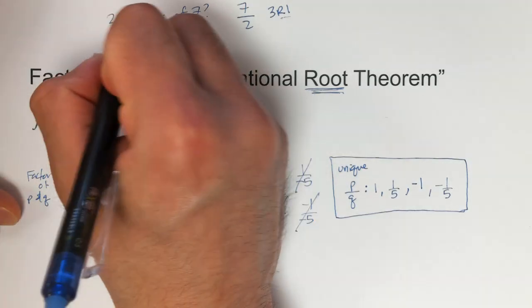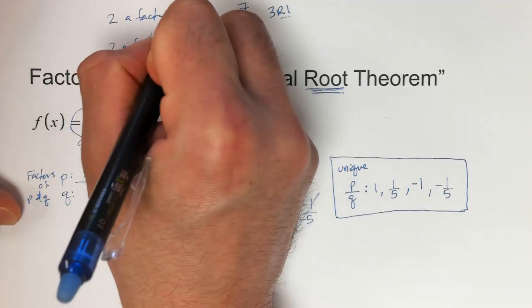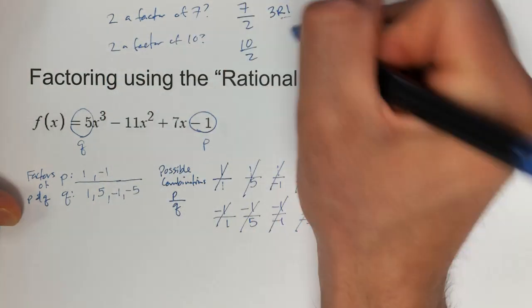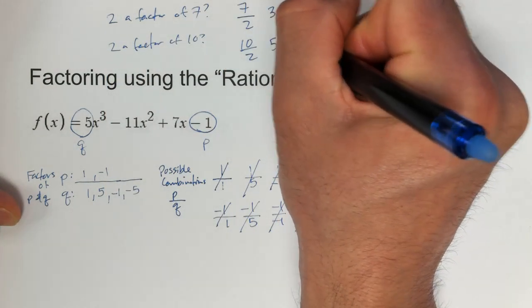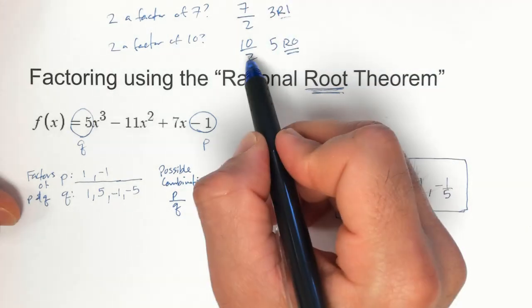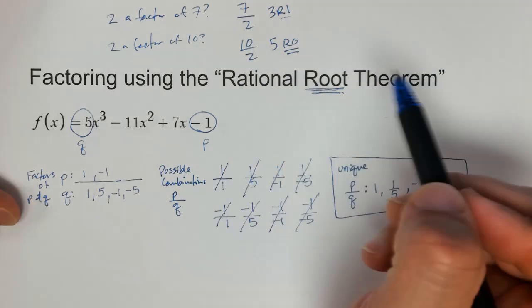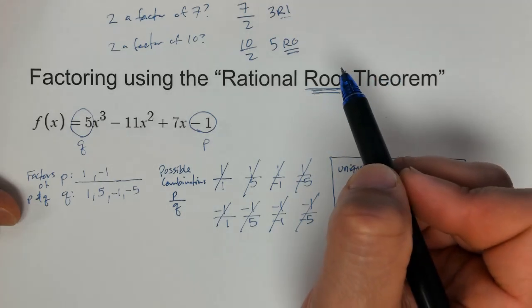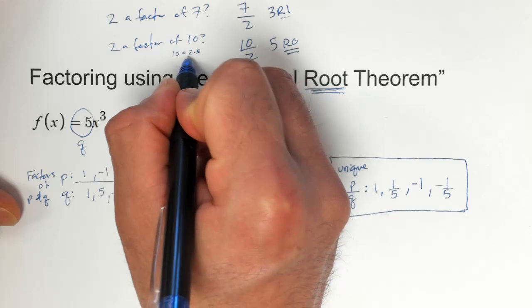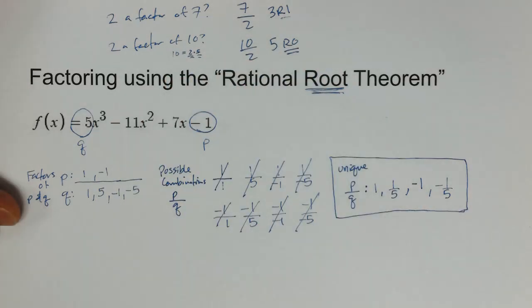Now, is 2 a factor of, say, 10? Well, if we do 10 divided by 2, we get 5 with 0 remainder. Whenever we get a 0 remainder, we can say that the number is a factor of the other, right? And you can rewrite 10 as 2 times 5, which is why they're factors of 10.